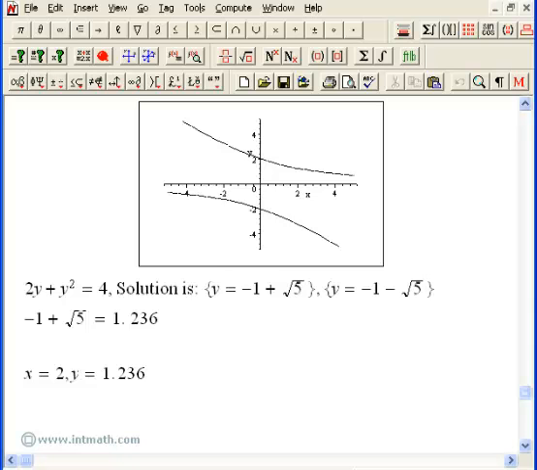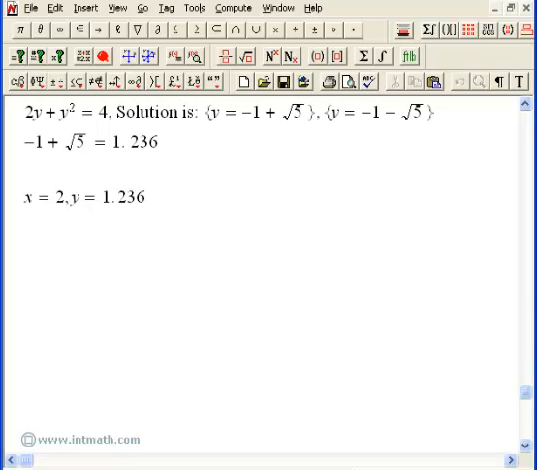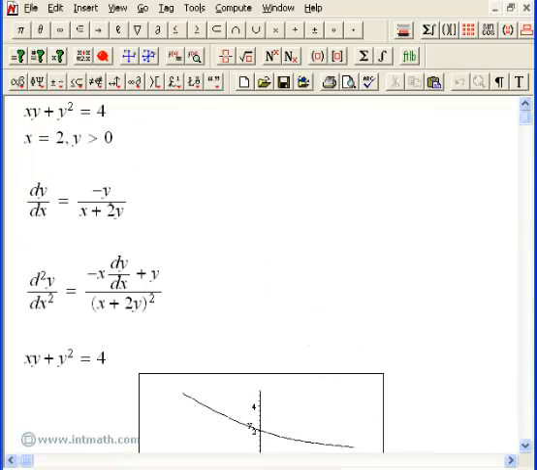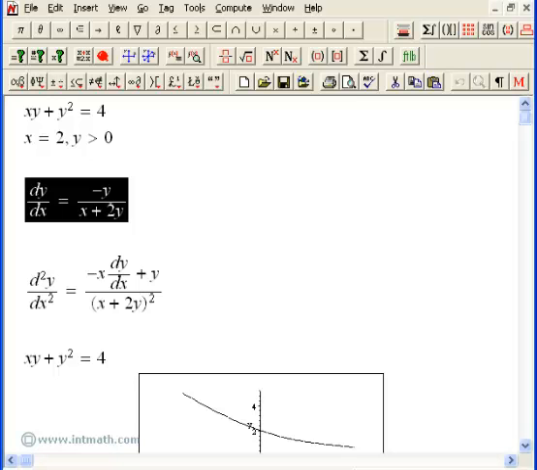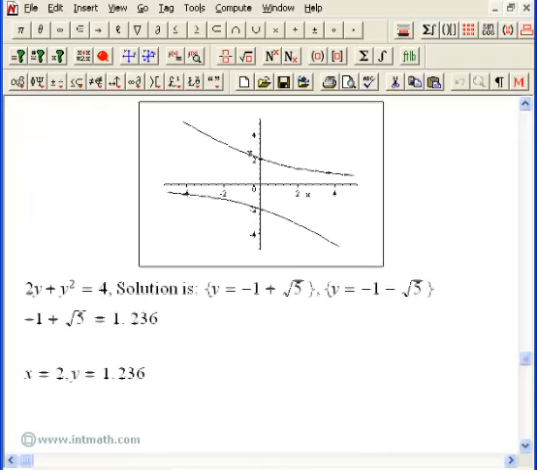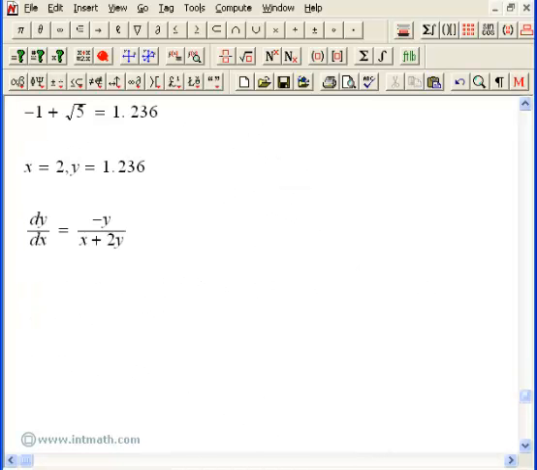Now, I want that so that I can find my value of dy/dx, because I need that for the second derivative as well. So I go up to my expression for dy/dx from before. Here it is, and substitute in the values that I've got.